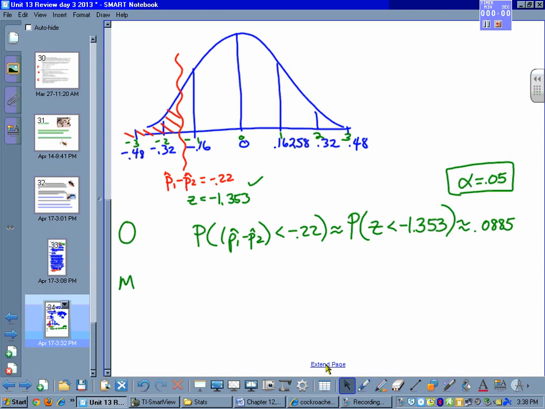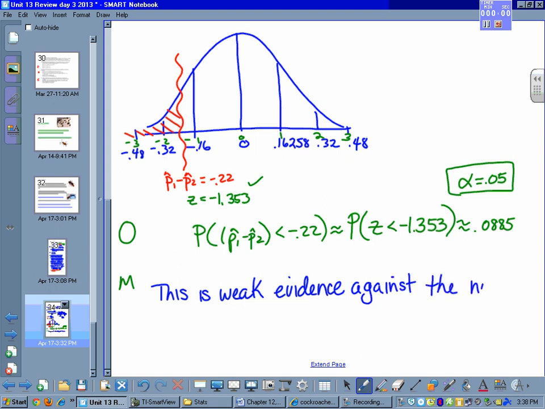And this is my conclusion. This is weak evidence against the null hypothesis.